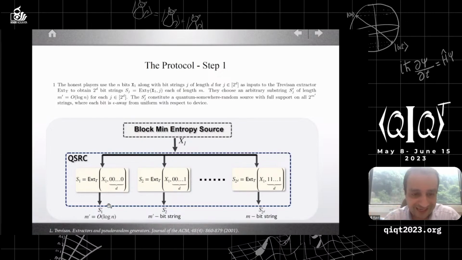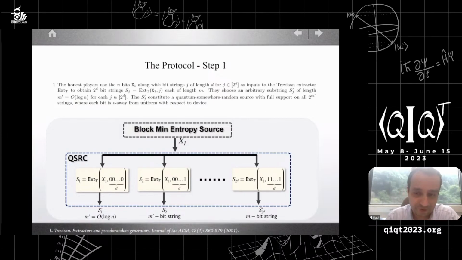We do a second classical processing procedure in which we choose the first log n bits from S1, call it S1 prime. Similarly, choose the first log n bits from S2, call it S2 prime, etc. That produces these output strings S1 prime, S2 prime, all the way to S_{2^D} prime, that have the property that they have full support on all 2^n prime bit strings.